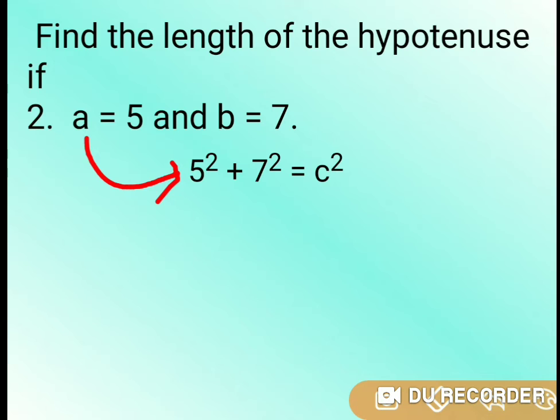Then we will take plus b square. b square is 7 square, is equal to c square. c square will remain as c square in its place because we don't have the value of c. c stands for the length of the hypotenuse, and in this problem we're going to calculate the length of the hypotenuse.